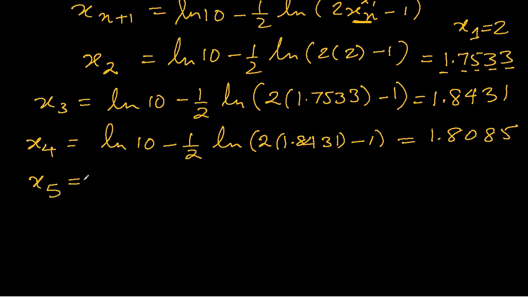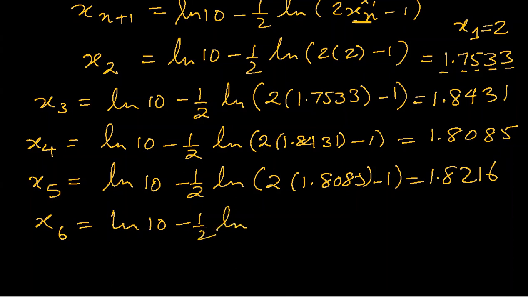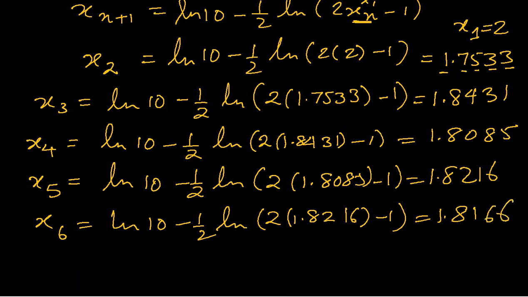Still not there. x5 is ln 10 minus half ln of 2 times 1.8085 minus 1, which gives 1.8216. x6 equals ln 10 minus half ln of 2 times 1.8216 minus 1, and here we stop, because the 3 significant figures, if I round them off, will also be 1.82.